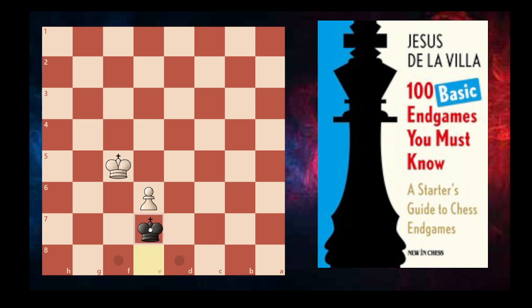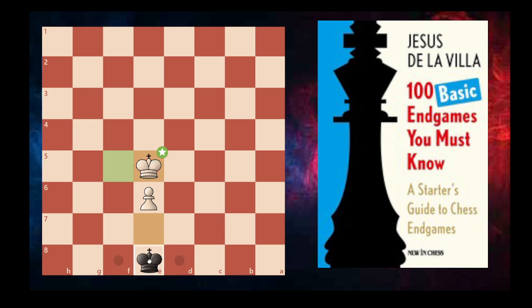For example, in this case it's black to move, and after the king moves here, now we make this move, and the king will try to come over here, but we have the opposition, so we will come in front of the pawn. We can also say we are in front of the pawn, and the king would not have the ability to control these key squares like e8 and e7. We can also put it like this.